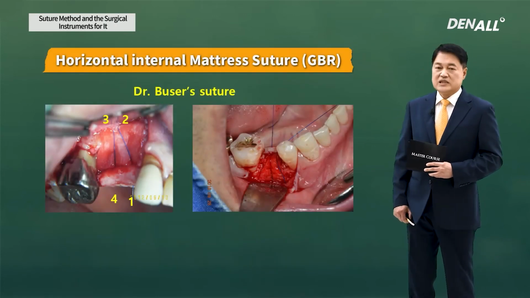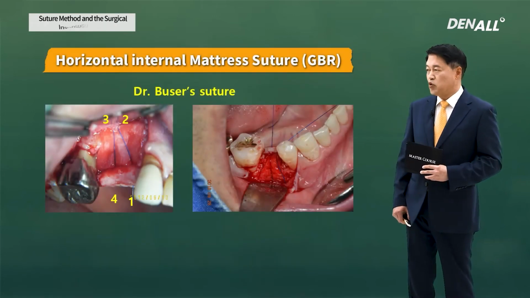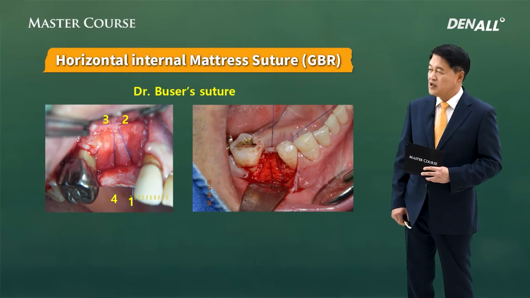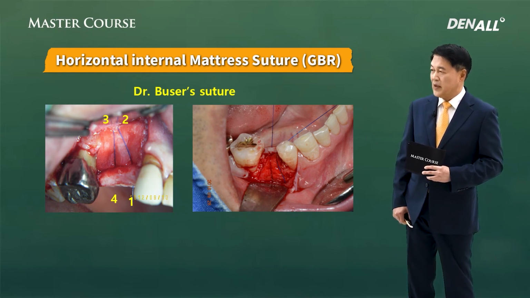Now, after doing GBR, to fix the membrane, you perform Dr. Boozer suture. As you can see, after applying the membrane, first on the lingual or palatal side, you go in through the periosteum, you go out on the lingual palatal side, and that is Dr. Boozer's suture.